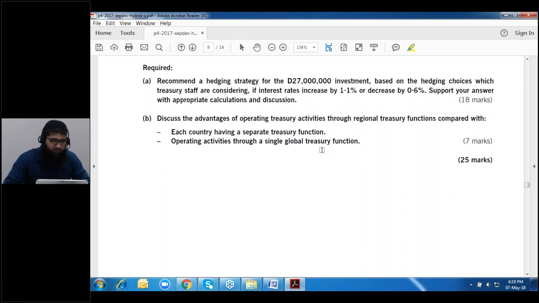Now it says support your answer with appropriate calculations and discussion. So what I would want you to do is to go through the question, and then we are going to start discussing. So go through the question and then we'll start discussing.